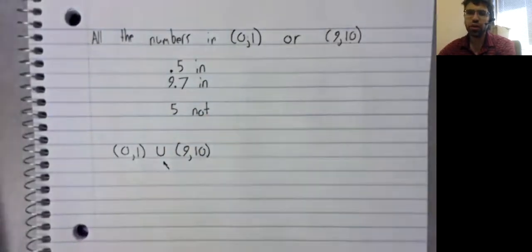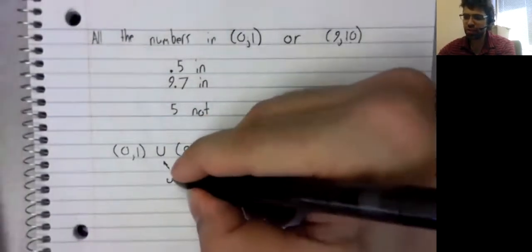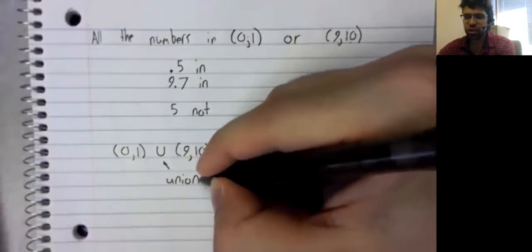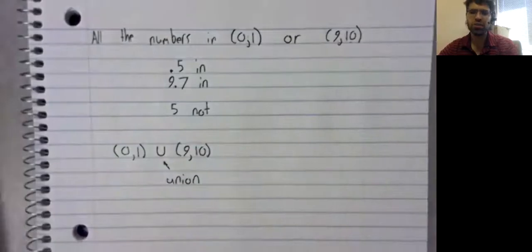It looks kind of like an uppercase U, which is not a coincidence. This is called taking the union of intervals.